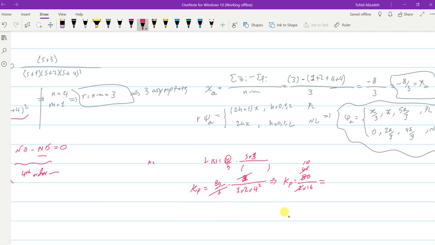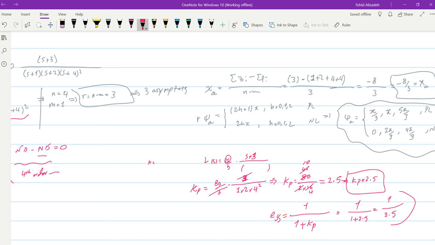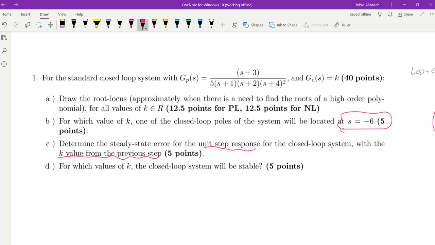Divided by 4, we will get 10 over 4, which will be equal to 2.5. So Kp will be equal to 2.5. The steady state error for the unit step input will be equal to 1 over 1 plus Kp. So 1 over 1 plus 2.5, or 1 over 3.5. And this will give us the steady state error.